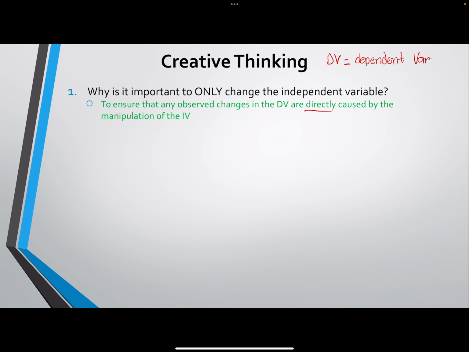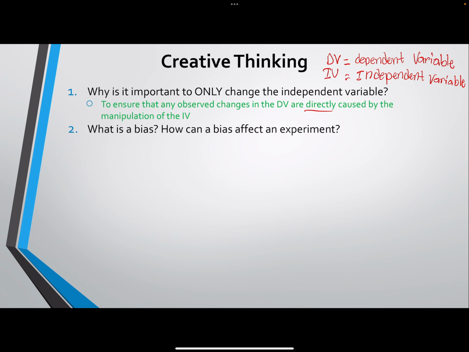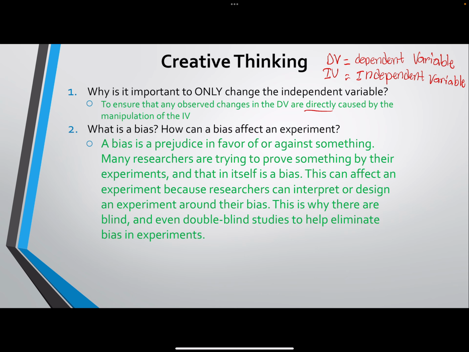DV stands for, let me write this right here, DV equals dependent, and then IV equals independent variable.